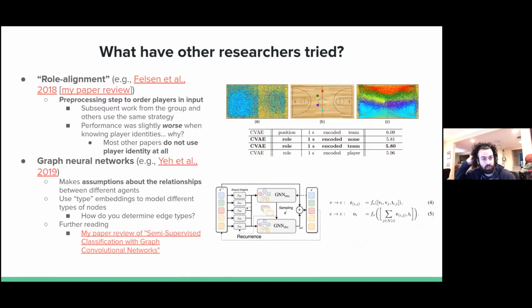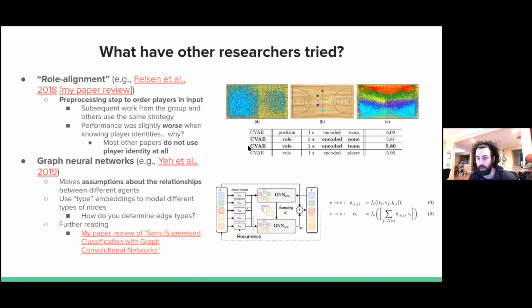So what have other researchers tried before this? One common technique is a pre-processing role alignment step, where they use that 10-player input that I mentioned at the beginning, but they try to intelligently place players in specific slots using this role alignment strategy. What's interesting about this work is that when they add player identity in addition to the player's coordinates as part of their input, the model actually does slightly worse.